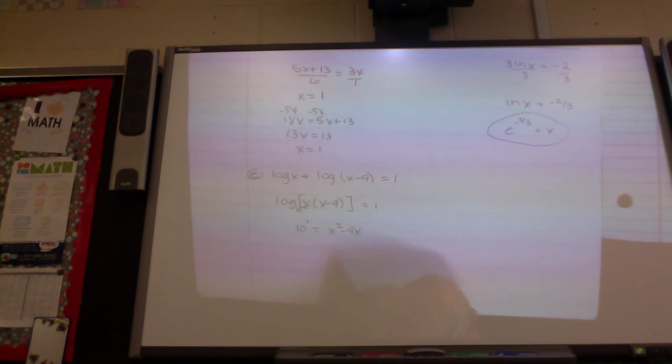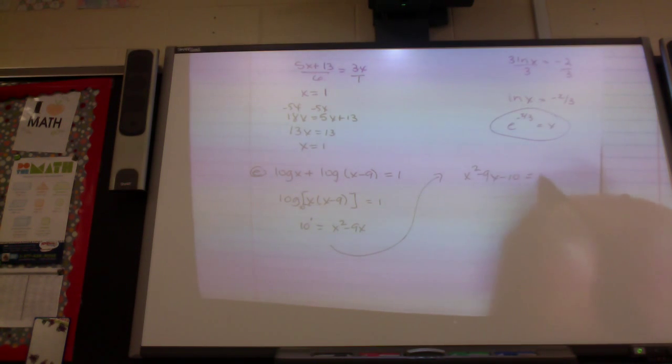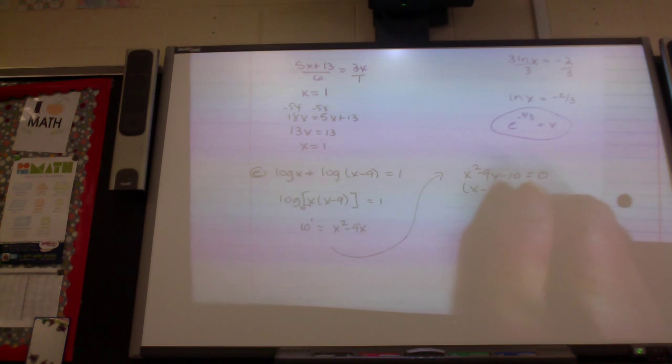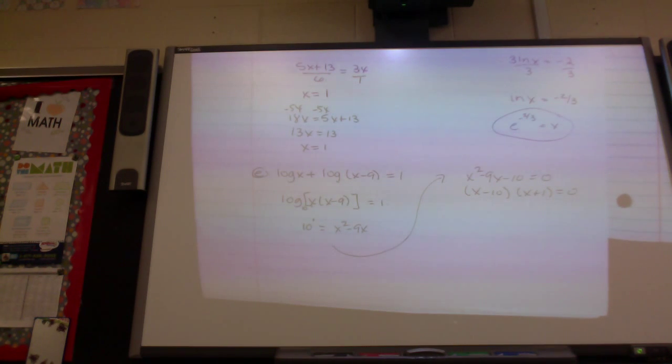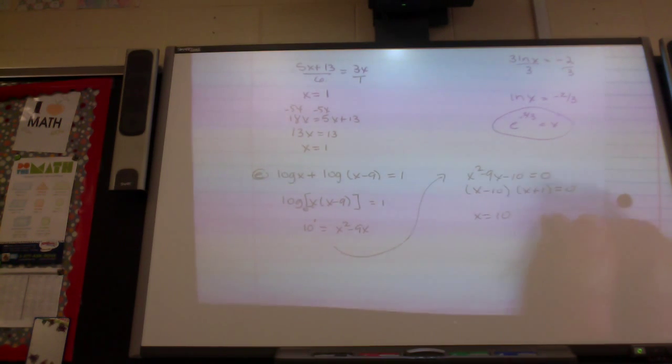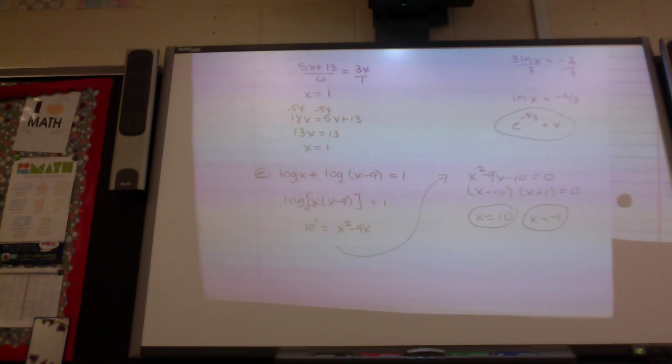So it's now an x squared, so I have to put it equal to 0. X equals 10, and x equals negative 1.